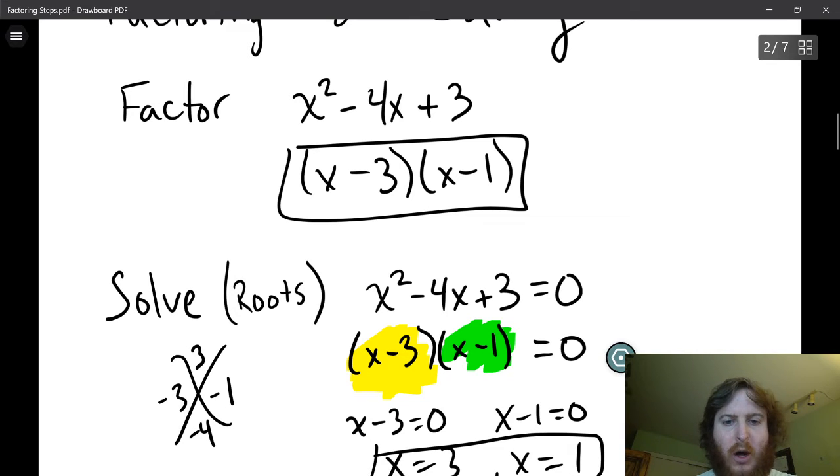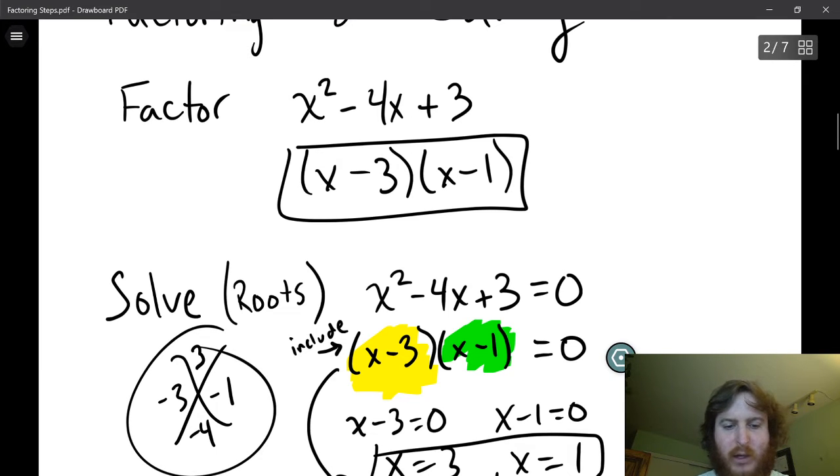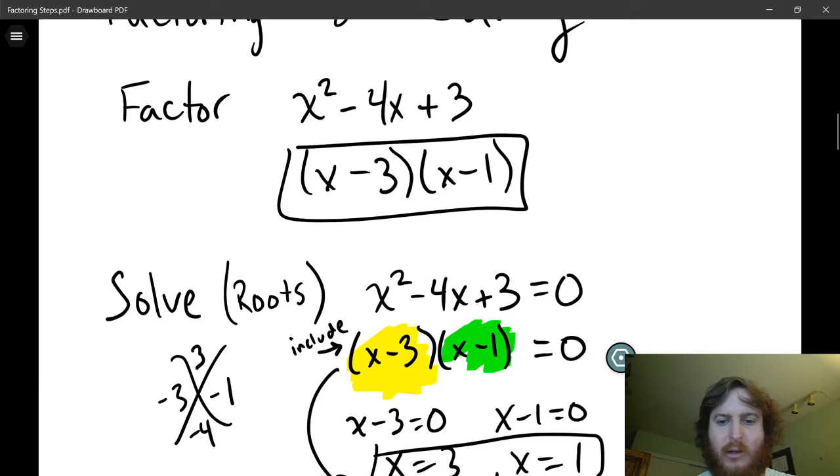Now this is showing all of our work, all of our steps. I don't really mind if you jump straight there, but I really do want you to make sure that you include this factoring step. Don't just put the x method and go straight to the answer. Make sure that you include that factoring step.